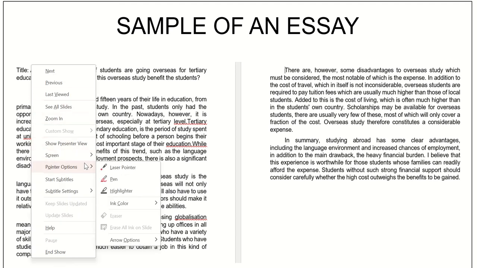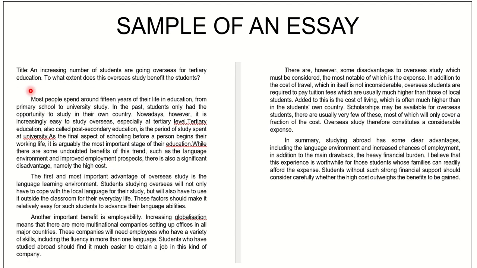Meaning that from most up until high cost is one paragraph. So if I were to ask you to refer to paragraph number one, we are talking about this paragraph. If you were to refer to paragraph number four, this is the first one, second, third, fourth. This is the fourth paragraph.